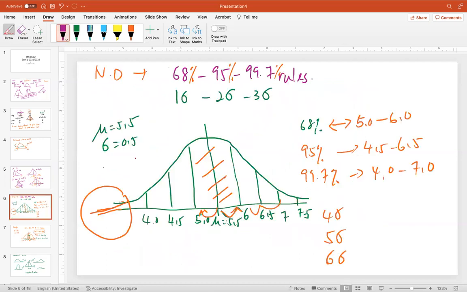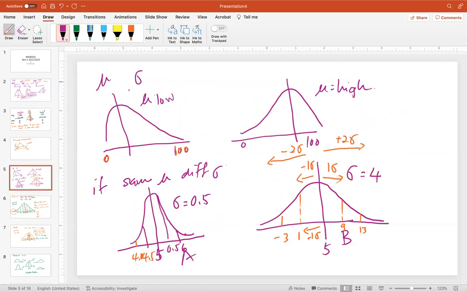What if we have the same mean, but different standard deviations? For example, this is graph A and this is B. We have a mean of 5, and the standard deviation is 0.5.